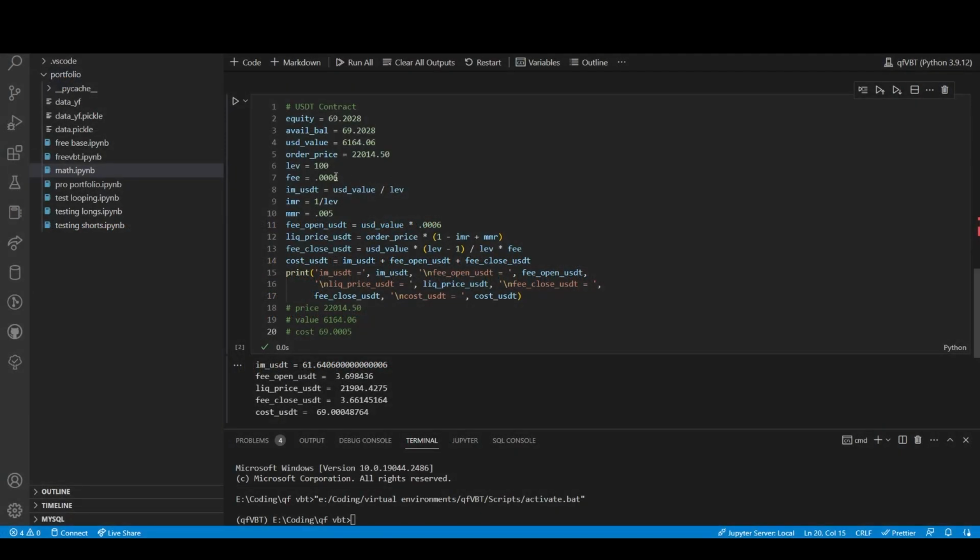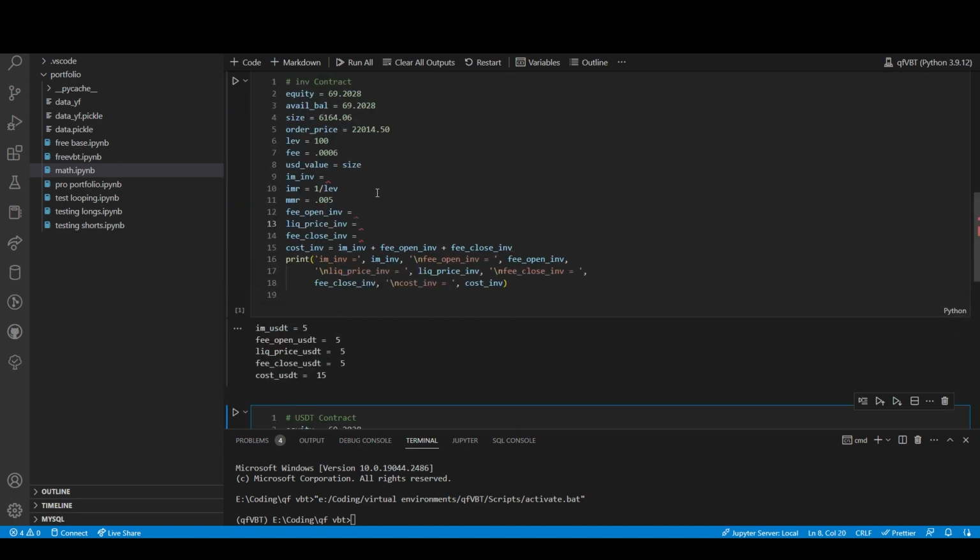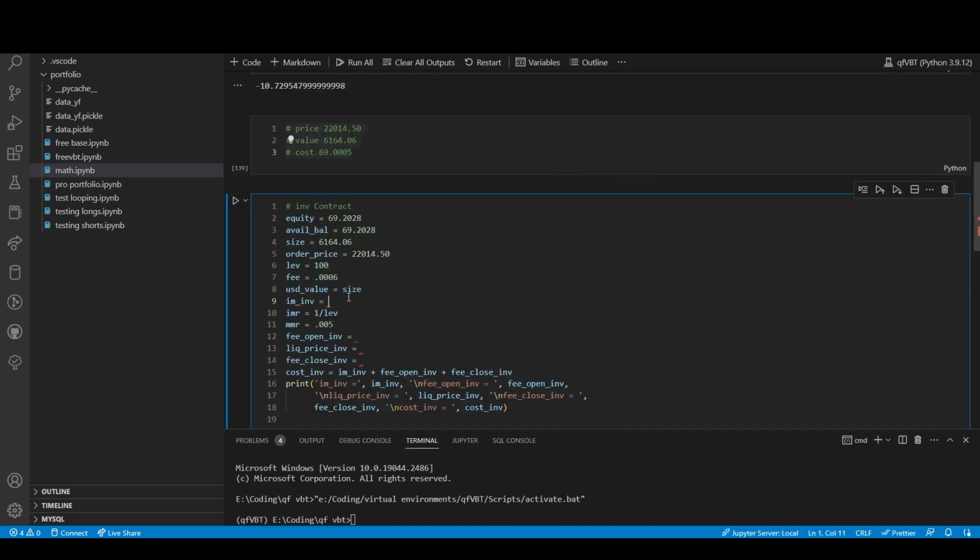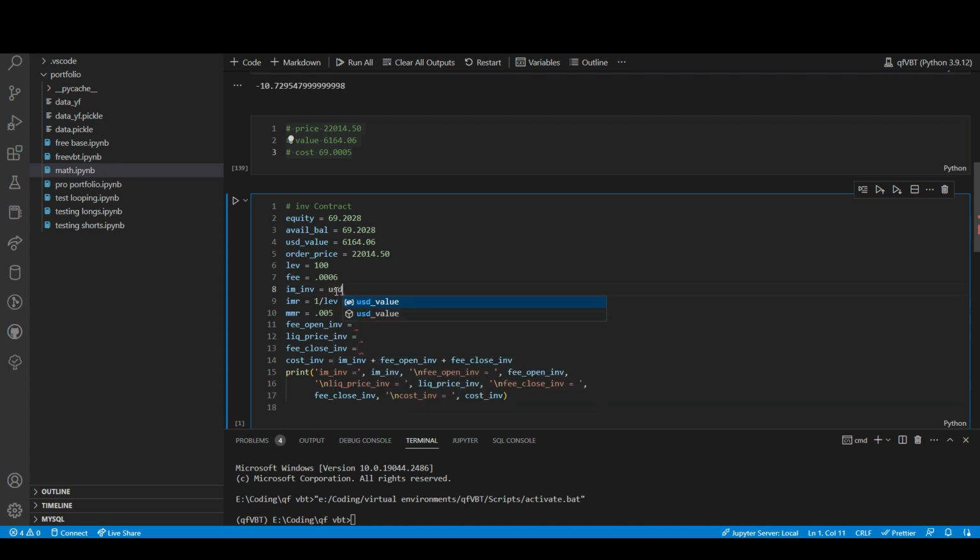The initial margin would be USD value, and then we would say initial margin is USD value divided by order price times leverage.